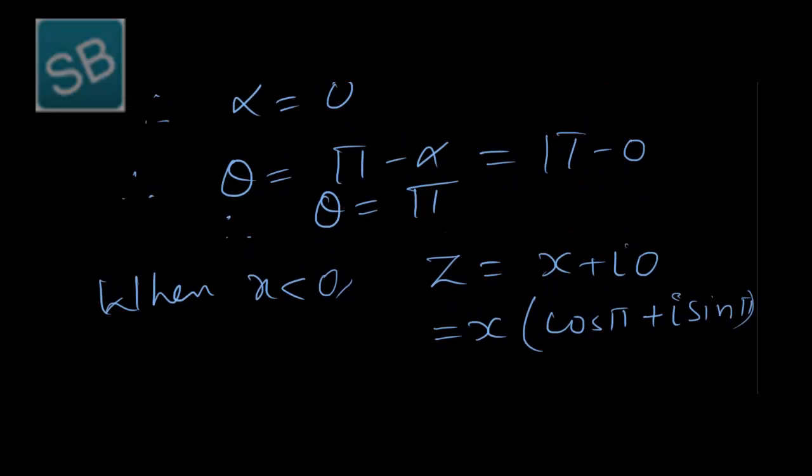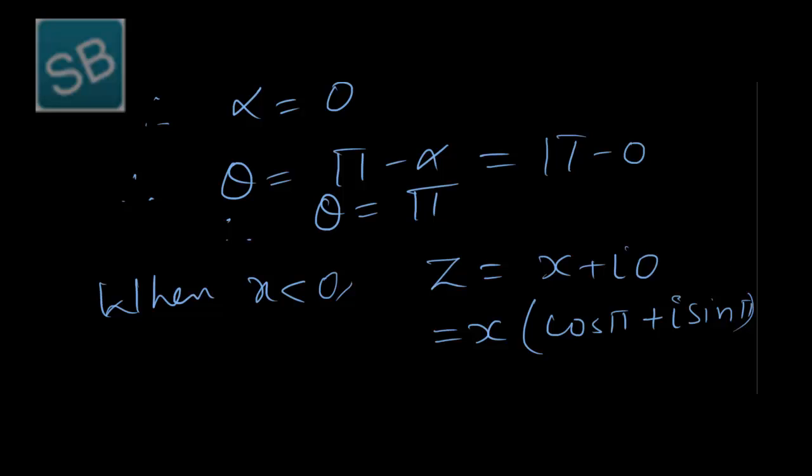So when z is a purely real number and the value of x is greater than 0, then it is x into cos 0 plus iota sin 0, and when x is less than 0, then it is mod x into cos pi plus iota sin pi. So it was all about the polar form when z is a purely real complex number.